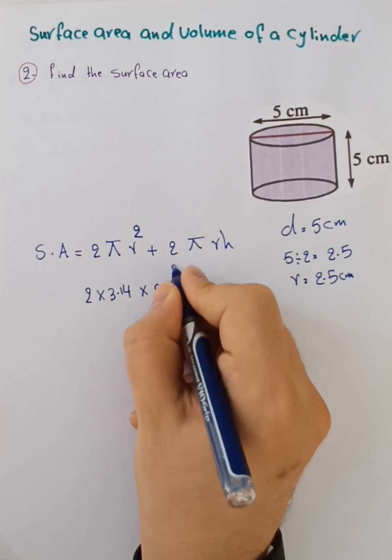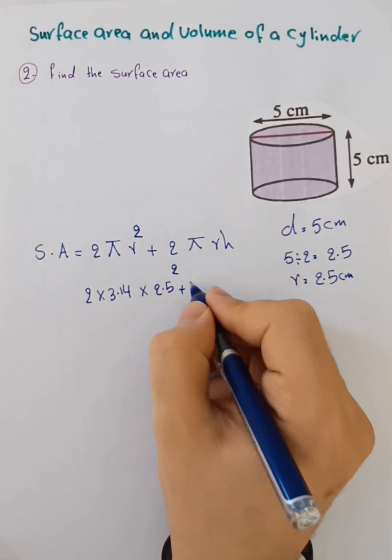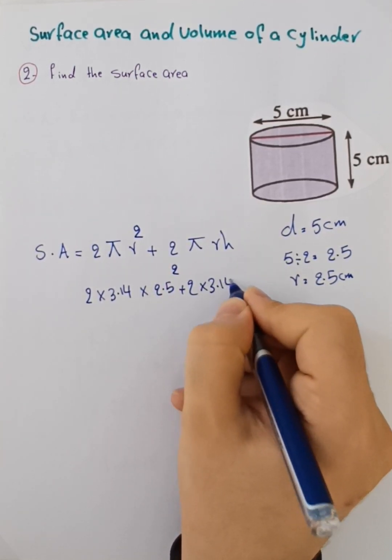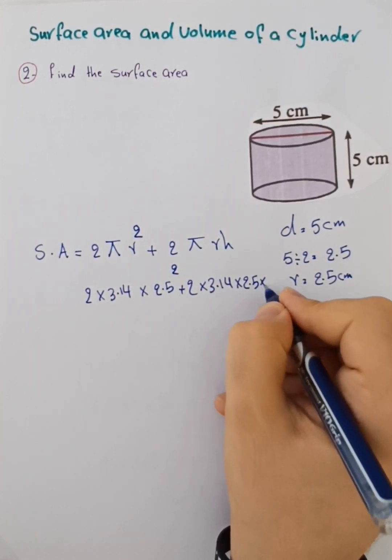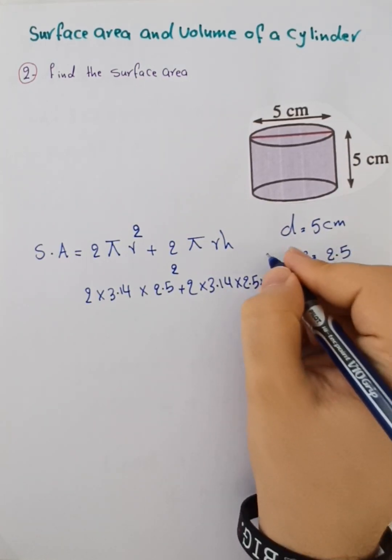2.5 squared plus 2 multiplied by 3.14, multiplied by the radius 2.5, multiplied by the height 5.